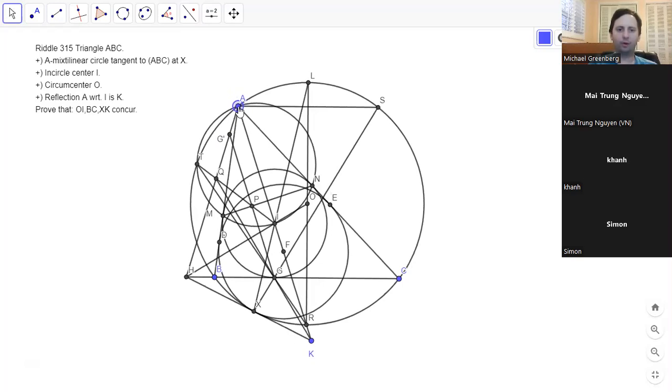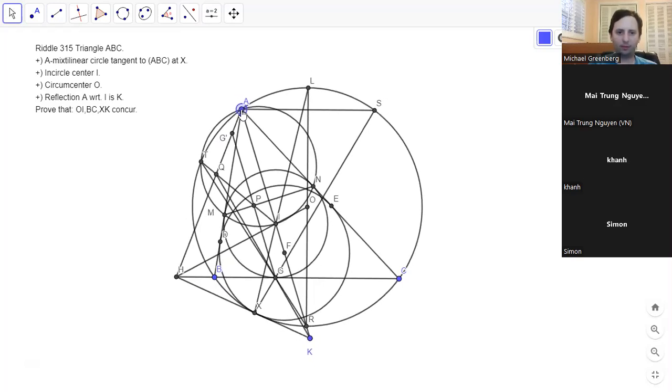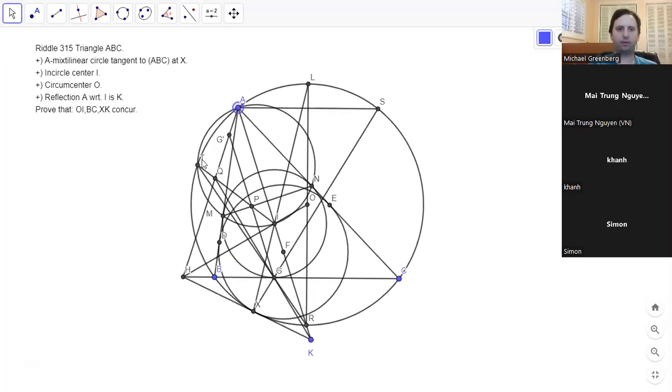Oh, the Sharky Devil configuration, it says that T, P, and I are always collinear. So if you draw the circumcircle of AMN, where I is the incenter, and you let it intersect the circumcircle at P, and P is the foot of the perpendicular from G to MN, then it says that T, P, and I are collinear.